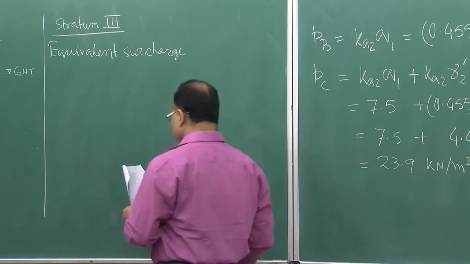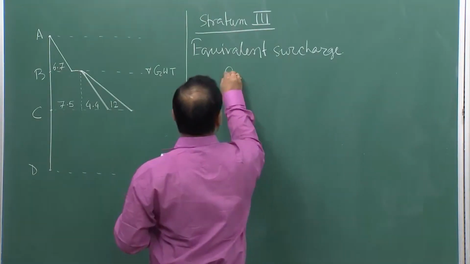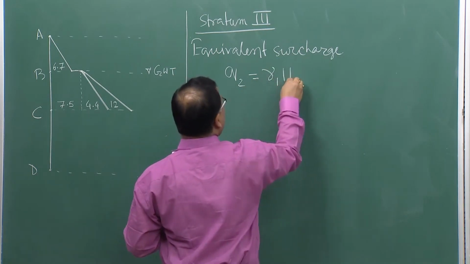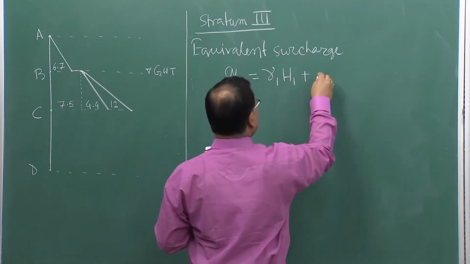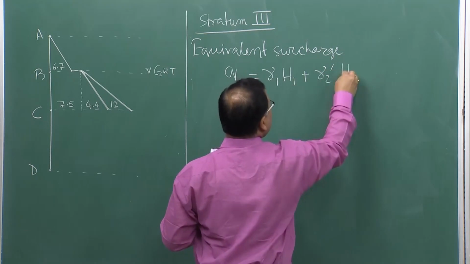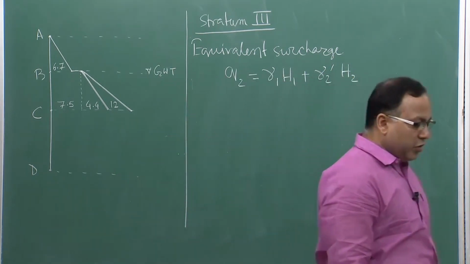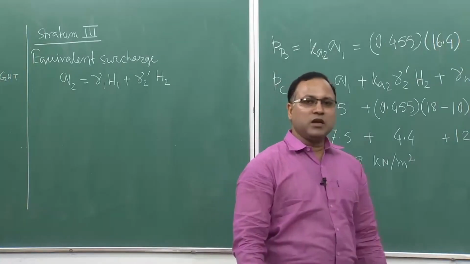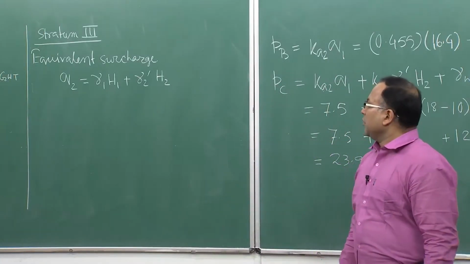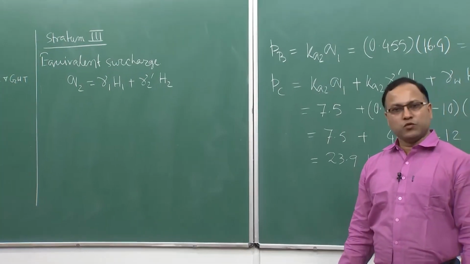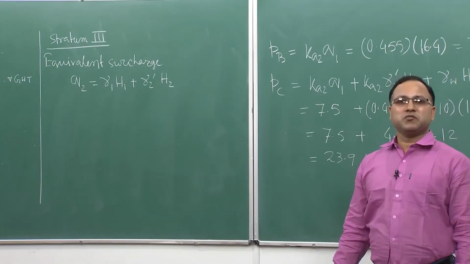So, equivalent surcharge will be Q2, which can be calculated as gamma 1 H1 plus gamma 2 prime H2, where gamma 1 is the unit weight of stratum 1, H1 is the depth of stratum 1, and gamma 2 prime is the submerged unit weight of stratum 2, and H2 is the depth of stratum 2.